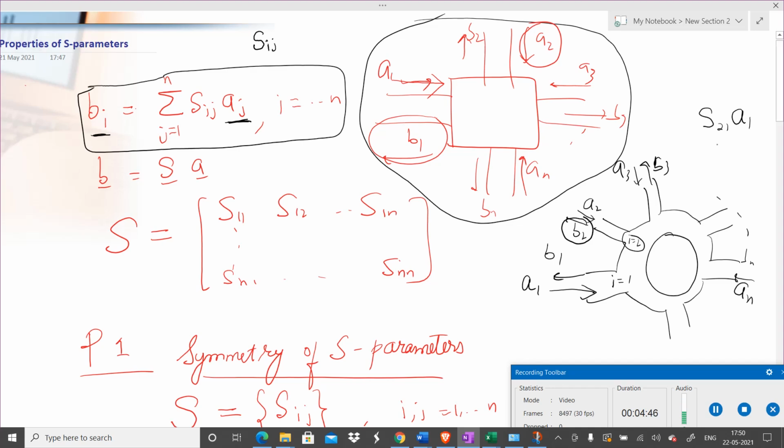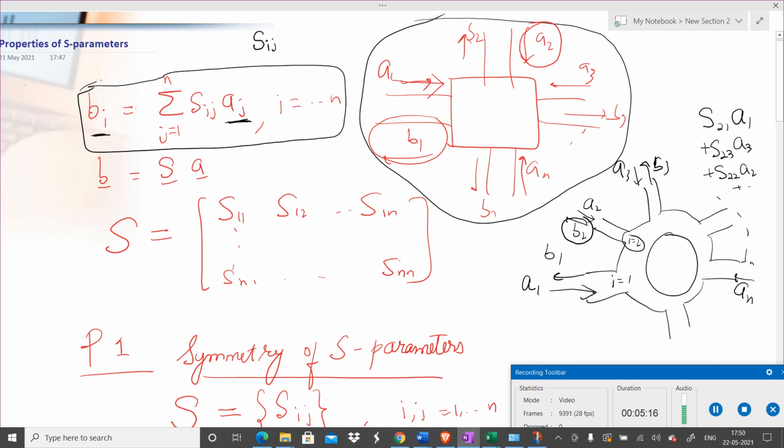Similarly, there can be another port 3. We are at port 2 right now. What will be the contribution of the component at port 3? S23 times A3. Similarly, even S22, because there is A2 coming into the junction also, and so on and so forth.